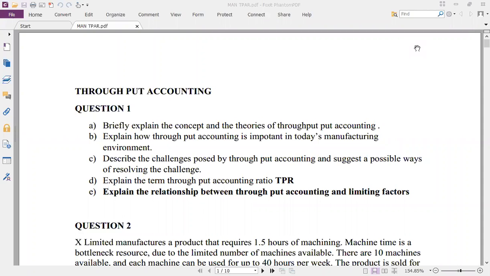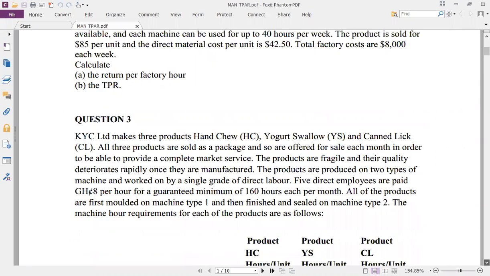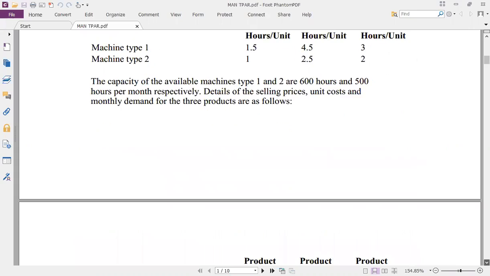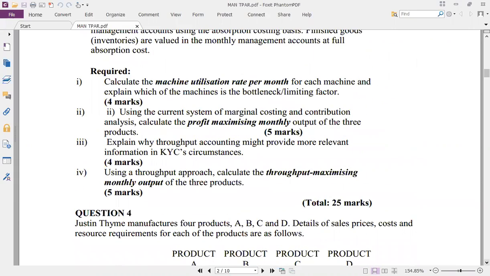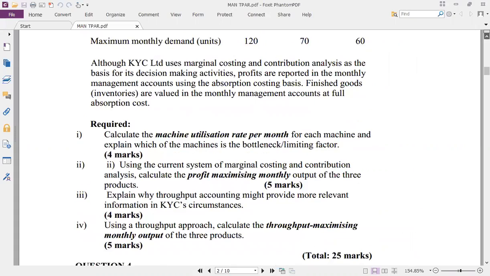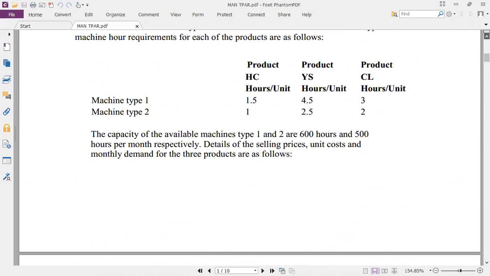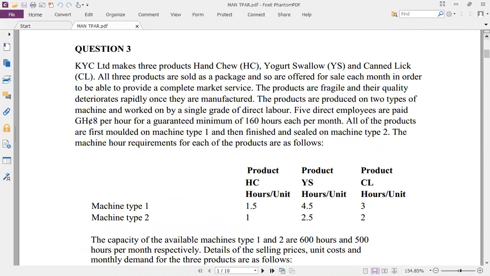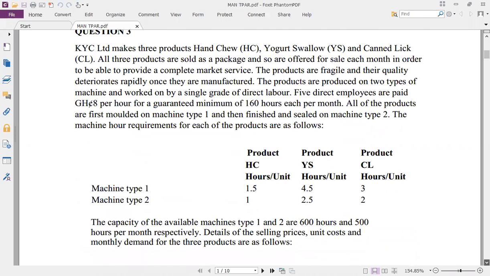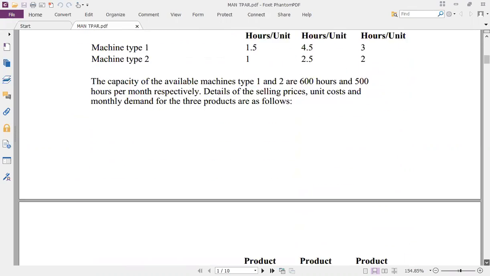For those who tried working it out, good. We will go through the requirements first and then we will see.